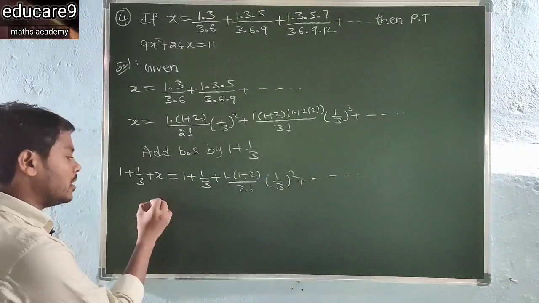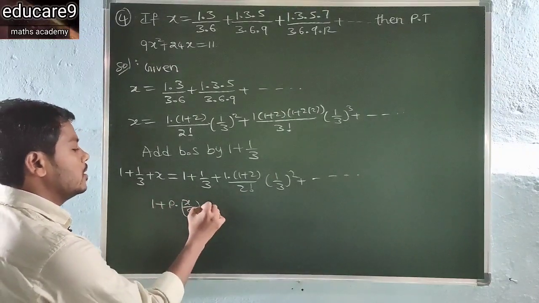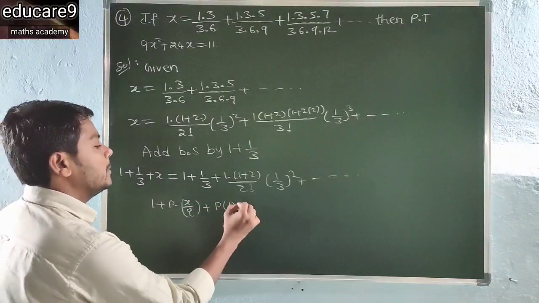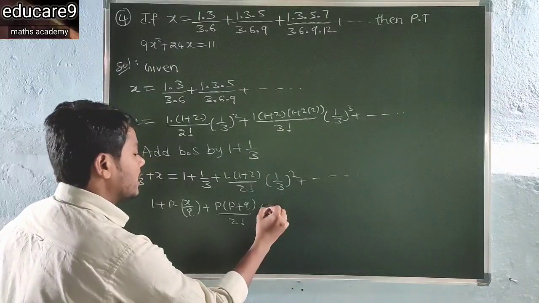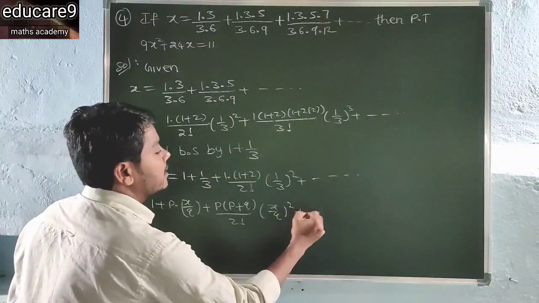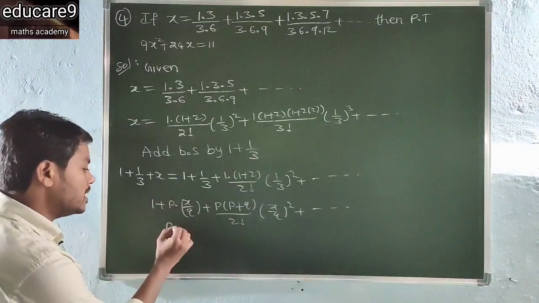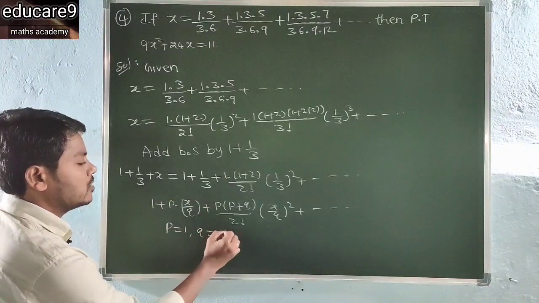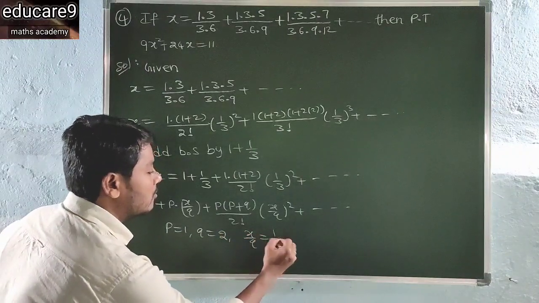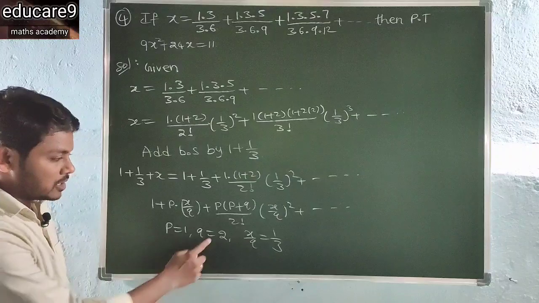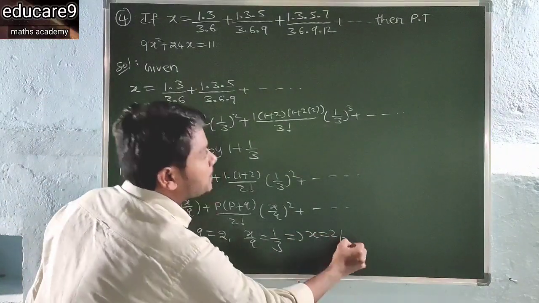So clearly it is in the form of 1 plus p into x by q plus p into (p plus q) by 2 factorial into (x by q) whole square and so on. So therefore what is the p value? So p is equal to 1 and q is equal to 2, and what is the x by q value? 1 by 3 only now. So substitute q here, what you get? X is equal to 2 by 3.